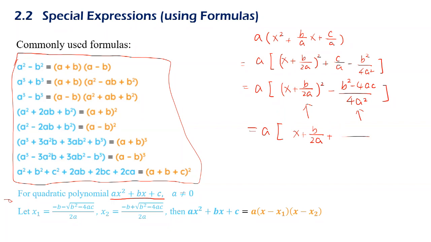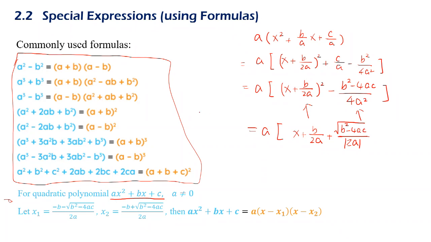Second term would be the square root of this term, right? Which is the absolute value of 2a in the denominator, and the numerator is the square root of b squared minus 4ac.